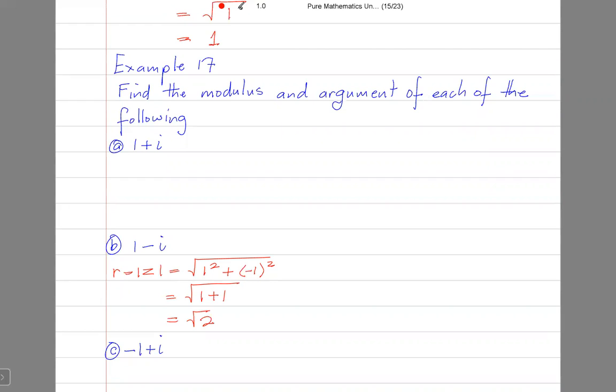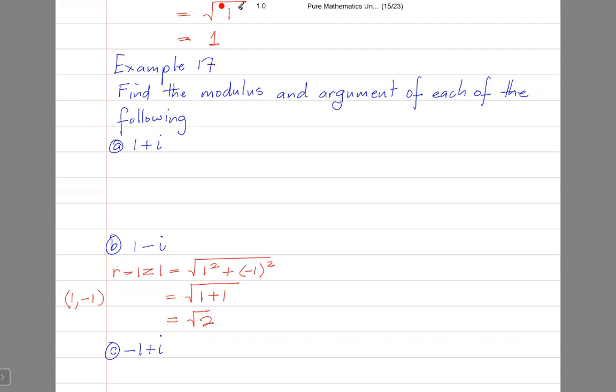Next, I want to determine the argument. Before I try to determine the argument, I must first be clear on what quadrant this is in. Now, the point 1, minus 1, which quadrant is that? The fourth quadrant.